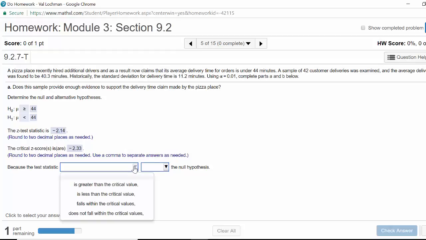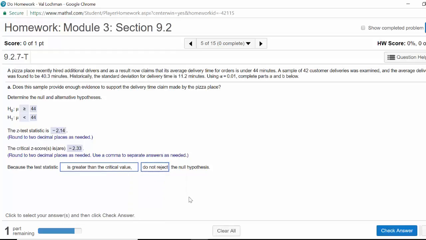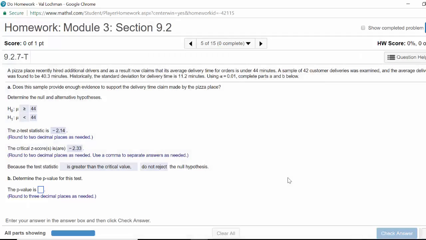So because the test statistic is greater than the critical value, we do not reject the null hypothesis. Okay, which means that 40.3 minutes was not significantly smaller than 44. Okay, so that's one way to solve this problem using the critical value method.